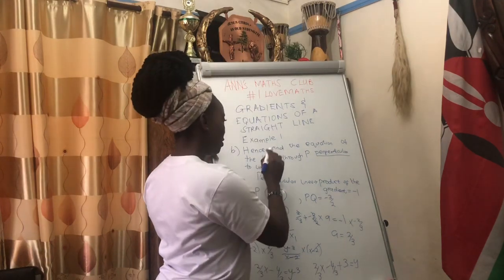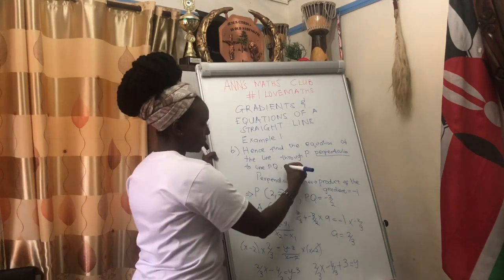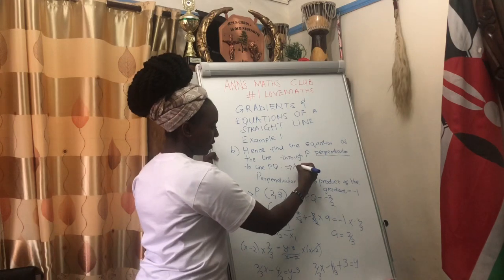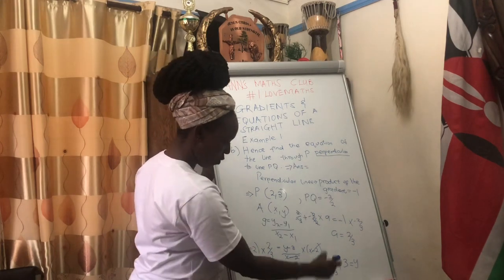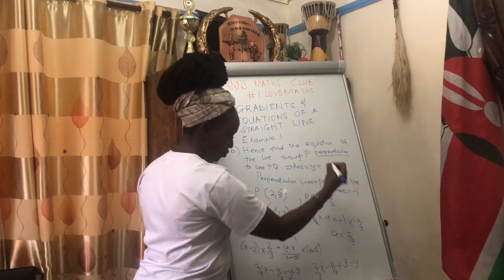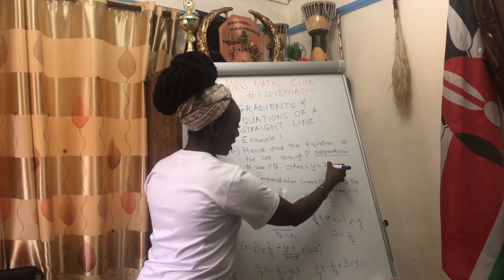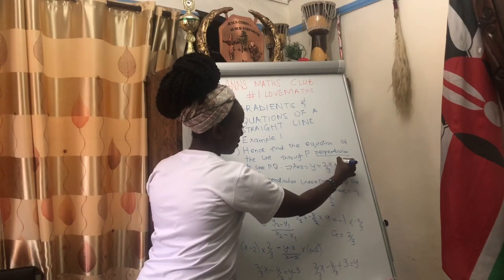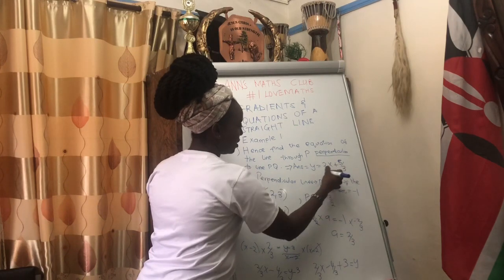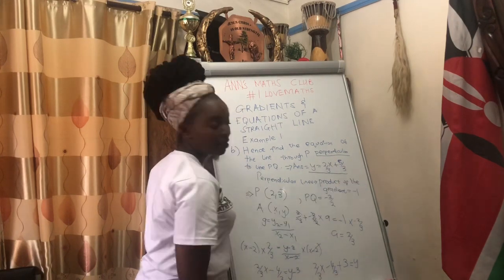So they've asked to find the equation. You can just come in and say the answer is y is equal to 2 over 3x plus 5 over 3. So this should be your answer.